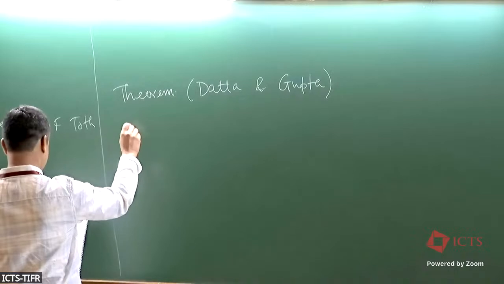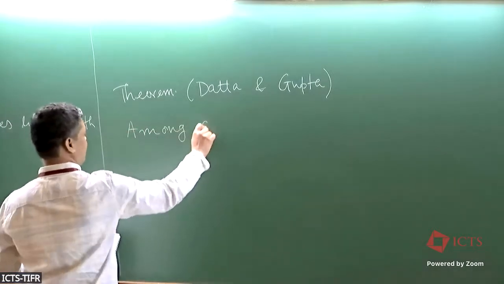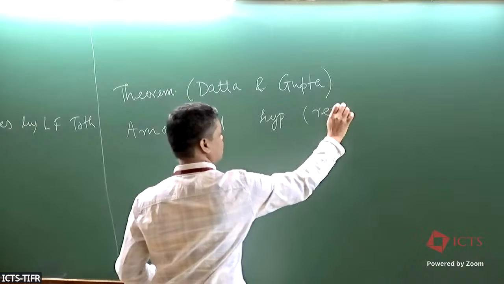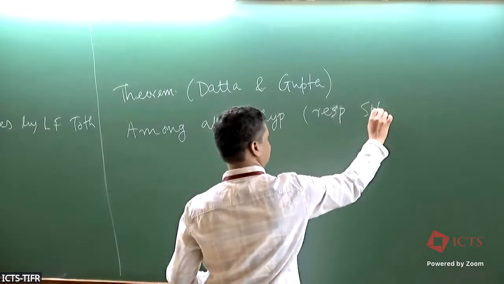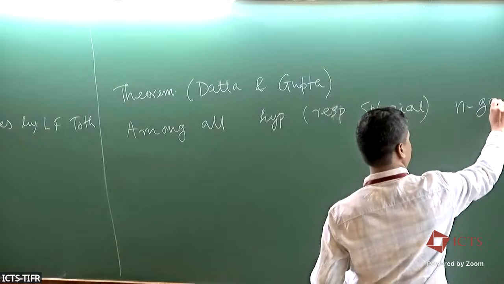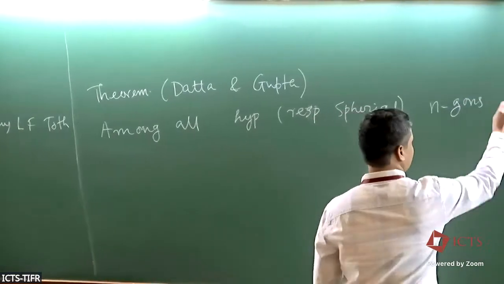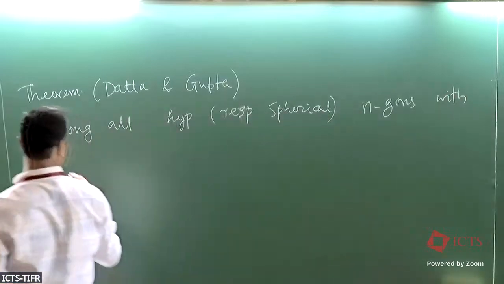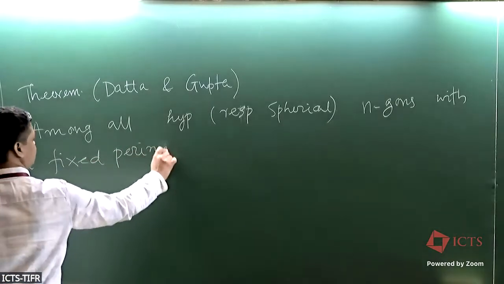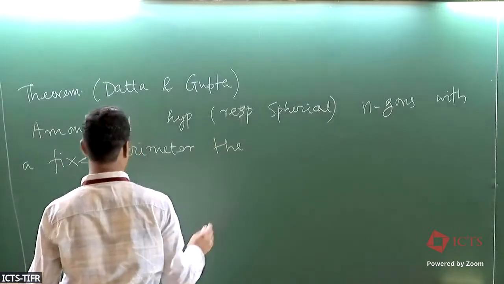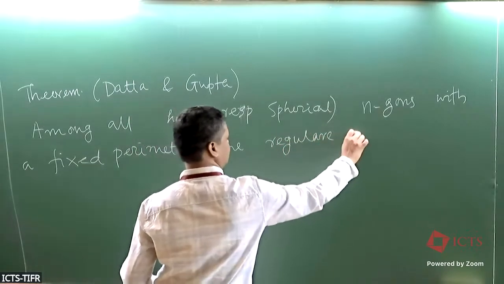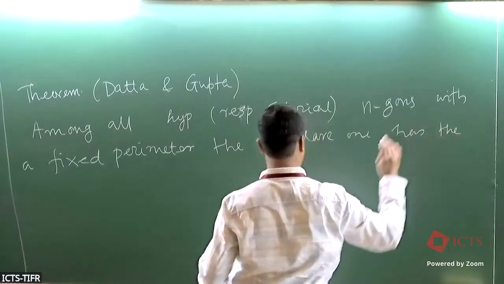The statement is the following: among all hyperbolic, respectively spherical, n-gons with a fixed perimeter, the regular one has the largest area.